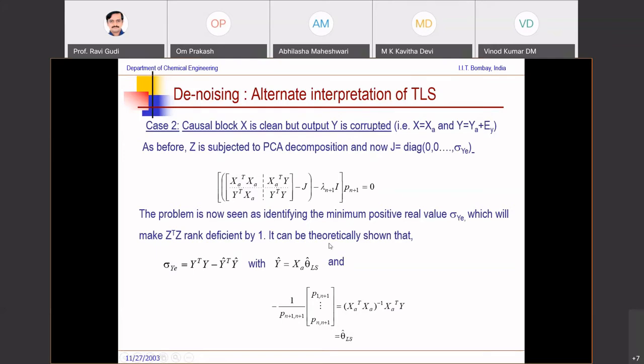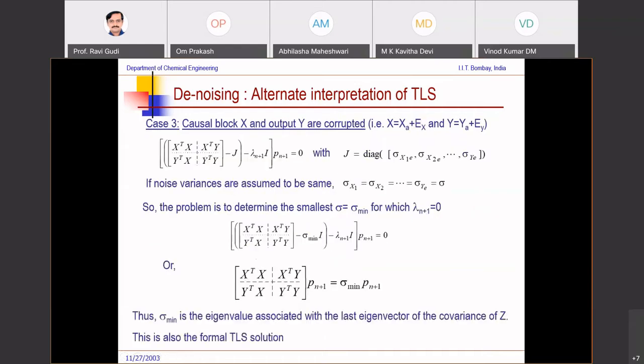Now let's go further. The causal block X and the output Y both are corrupted with noise. So X is X actual plus EX, Y is Y true plus EY. And now I have to choose J to be the diagonals of each of these, where sigma X1 is the noise variance associated with X1, the noise variance associated with variable X2, and so on, and then sigma YE.